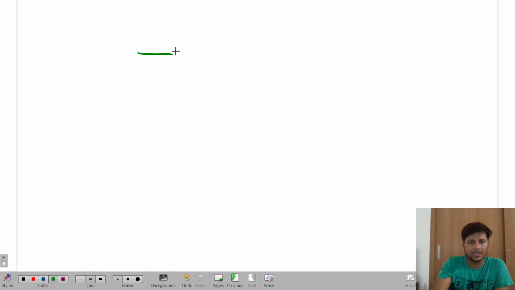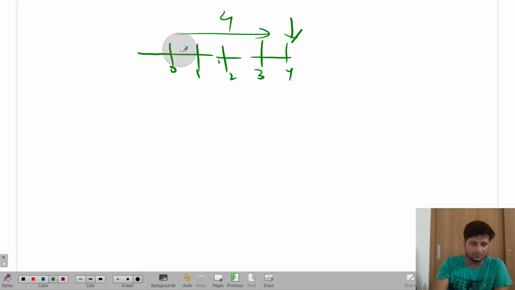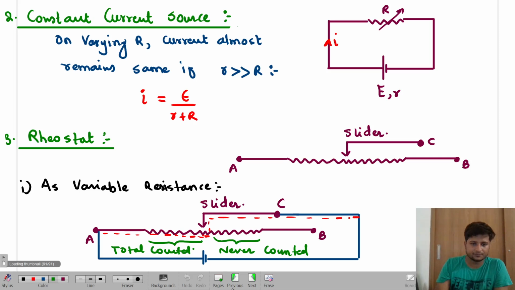Like, I have 0, 1, 2, 3, 4. So if my scale points over here, the net length is 4. So here also I need to add these values. Got it? Total counted. Got it or not?